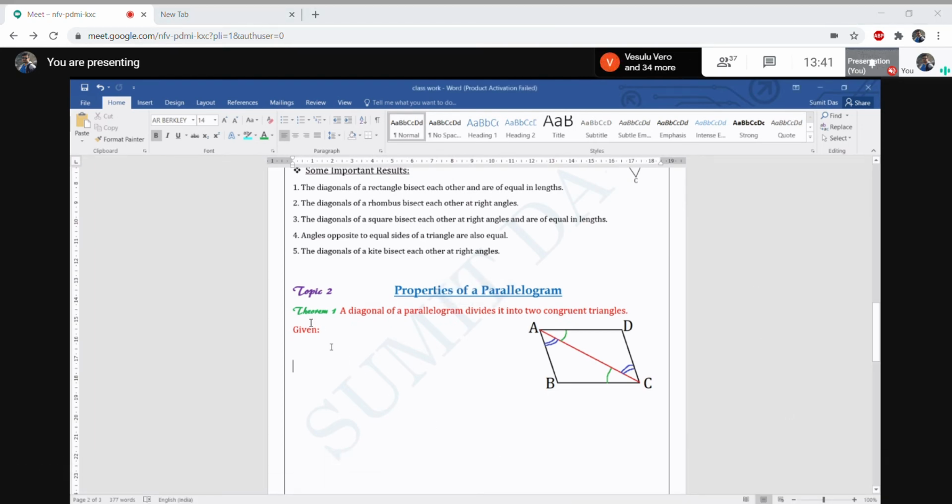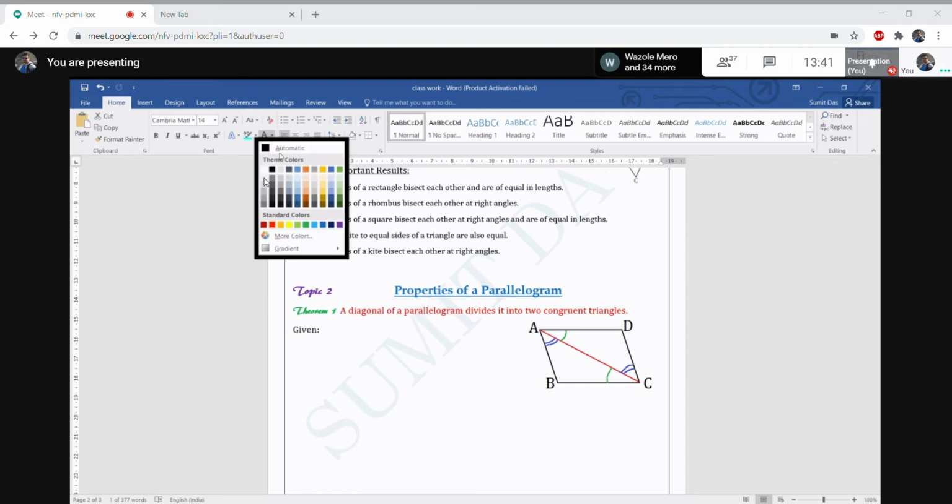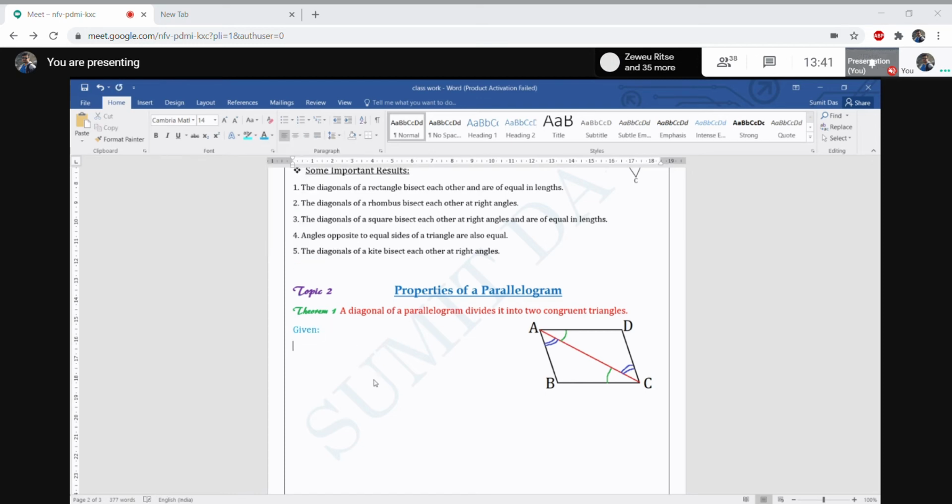In a theorem, I hope all of you remember, there are four parts. The first part is given, then to prove, then construction if you need it, then proof.